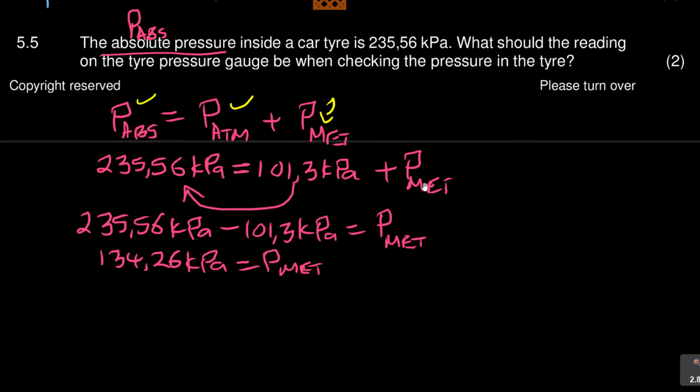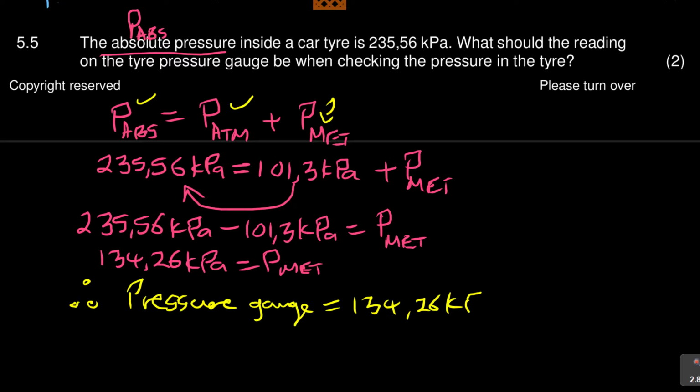Then you can conclude and say, therefore, gauge pressure is equal to 134,26 kilopascals. I'm actually lazy to say pressure gauge reading, because what should the reading be? I was feeling lazy to write that word, reading, is equal to that.